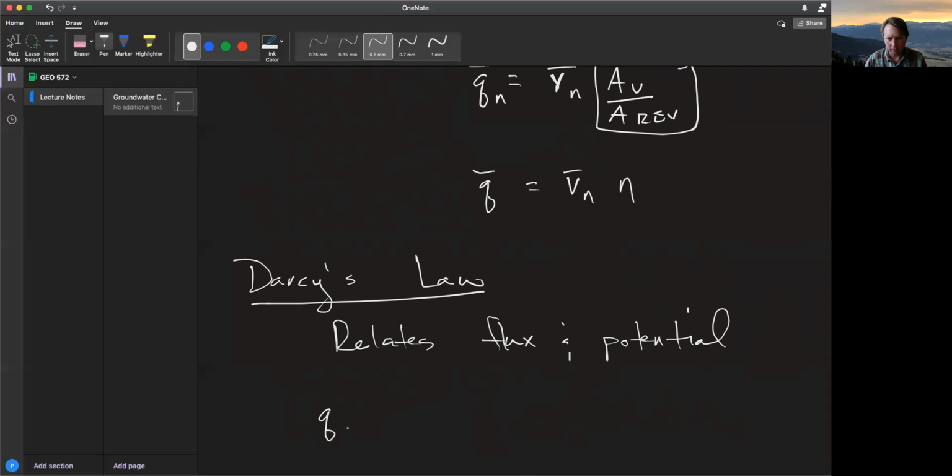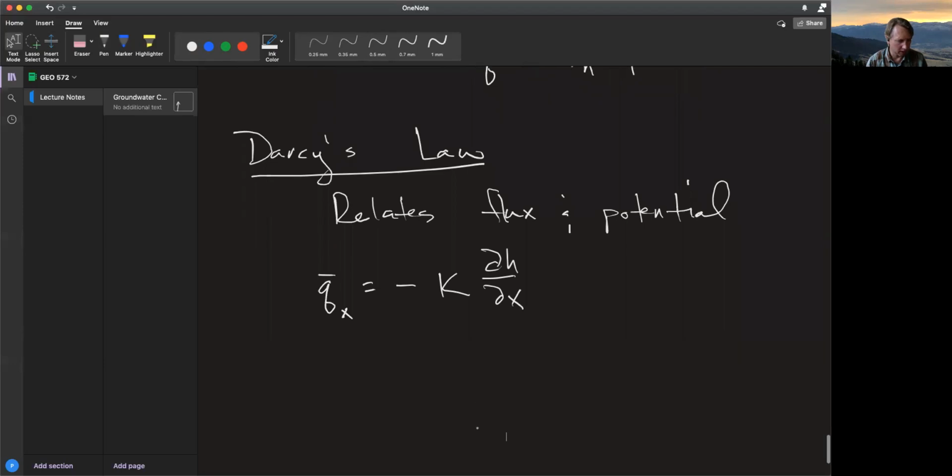And recall that its form is this. I'm going to consider it one direction right now. Q sub x is equal to negative K dH dx.